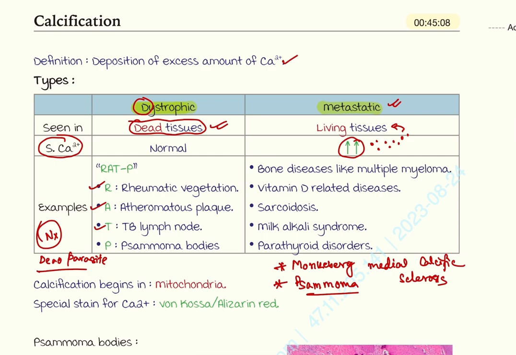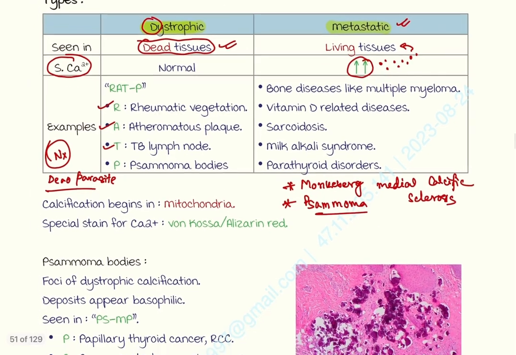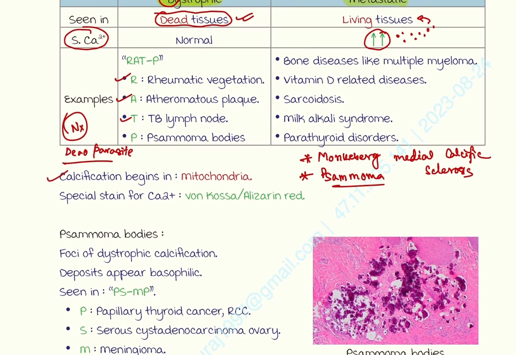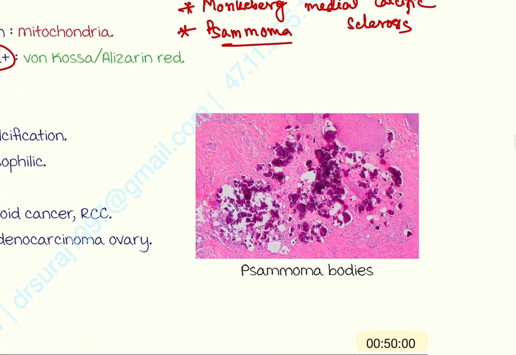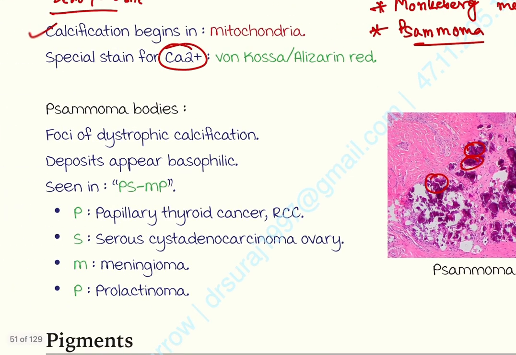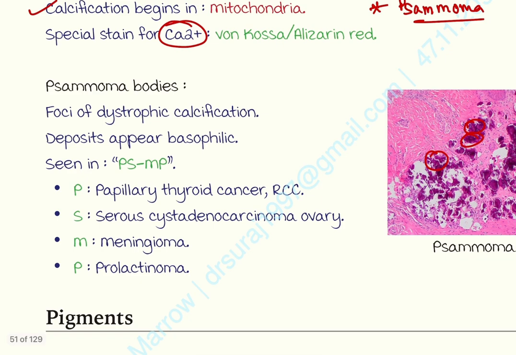Okay, serous cystadenoma of pancreas also you'll be having these things. So the calcification starts in mitochondria, I told you, and the specific stain for calcium is von Kossa or Alizarin red S. Okay, so you can see the psammoma bodies. These are foci of dystrophic calcification, and that will appear densely basophilic and grouped as foci. These are seen in these conditions, I told you already.